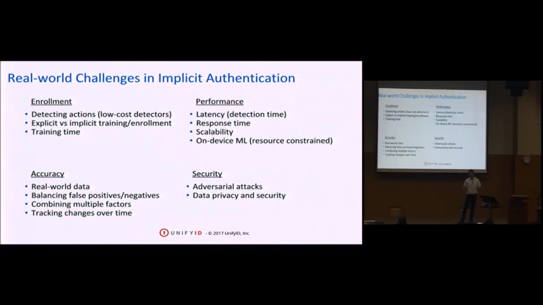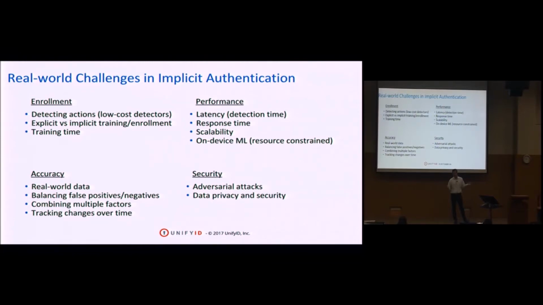And then, scalability concerns, as you're growing this, as you get to more and more users, the system has to be able to scale well, right? And so you leverage a lot of on-device machine learning, machine learning in very resource constrained environments, right? That brings in a lot of techniques that we use.